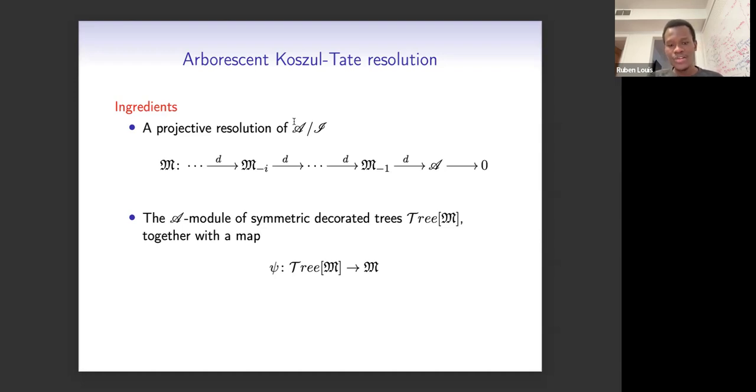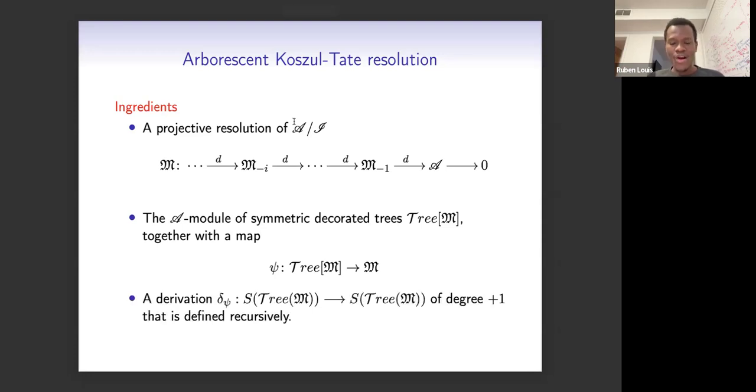And then we also need a map from those trees that projects to M. We can see M as the decorated tree with a single leaf. Then we got this psi here, and out of this map, any map like that, we can construct a derivation of the symmetric algebra of the trees of degree +1, which is defined recursively.